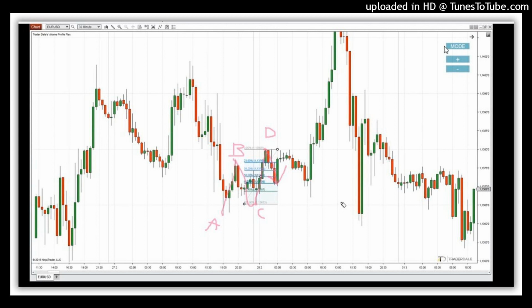What you can also do, you can use more ABCD setups. So in this case, there's another one. This is A, this is B, above 50%.